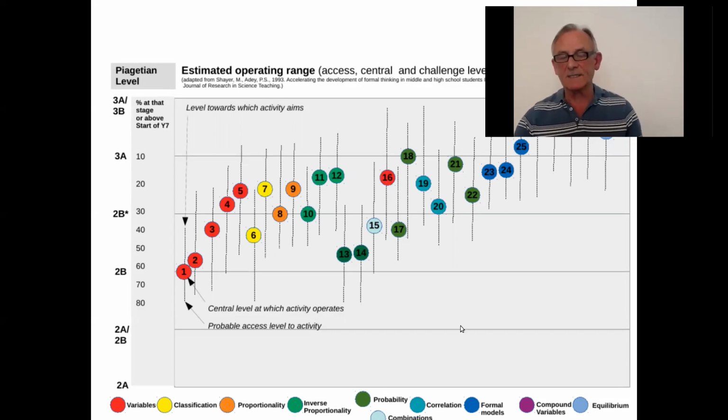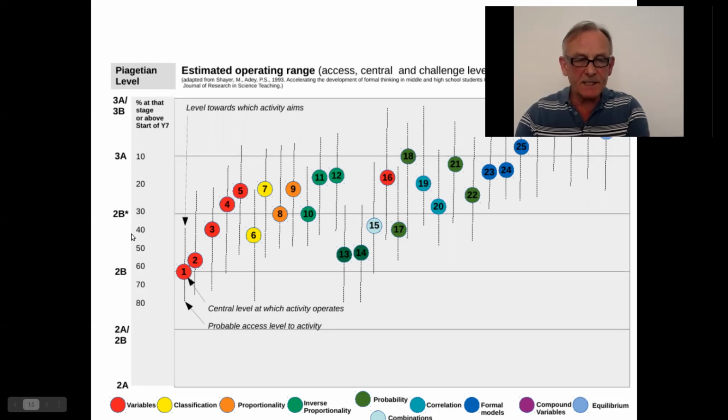So each lesson is designed to pick kids up at the lower level and try to target them all to a difficulty beyond their present level of cognitive development. And this is done across a range of the schema, the formal operational schema that Piaget identified, which are very, very much the backbone of any maths and science curriculum anyway.